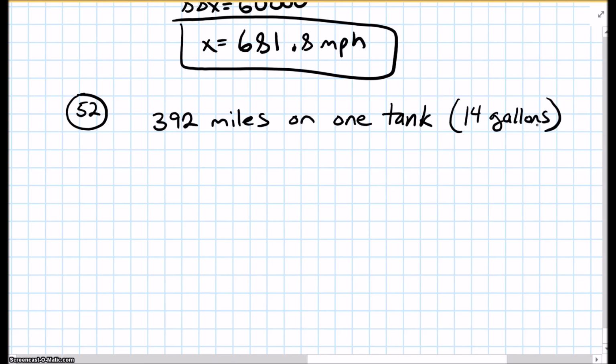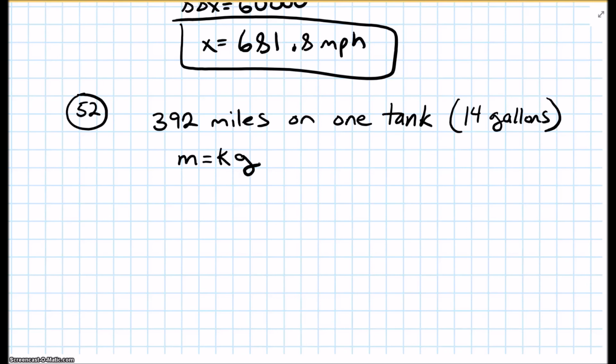The number of miles traveled varies directly with the number of gallons you use. Write an equation that relates miles traveled to gallons of gas used. All right. So miles equals some constant times gallons. So there's our equation.